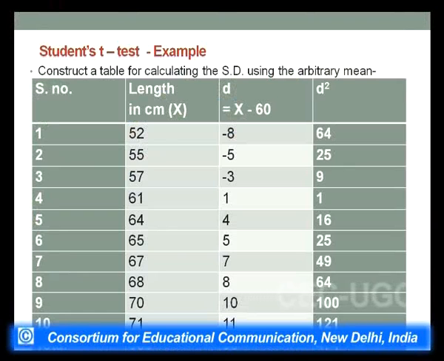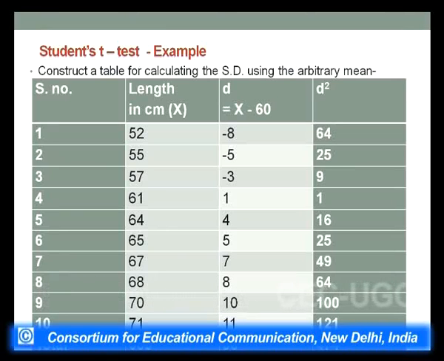Now, let us also understand the advantages and limitations of both tests, that is, the student test and Fisher's t-test. As I told you, the student t-test is useful when you have one series of data.